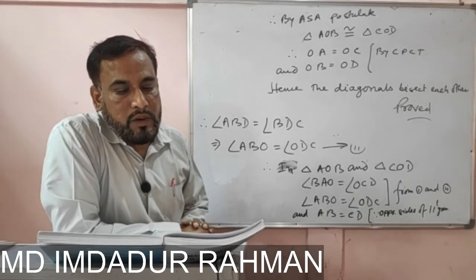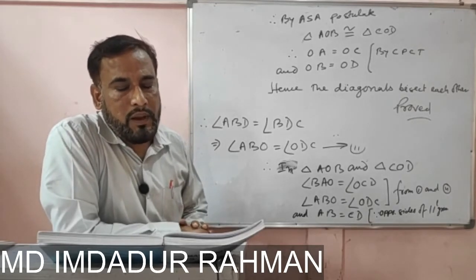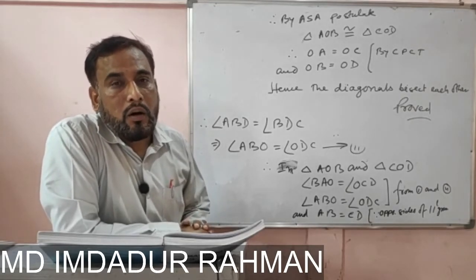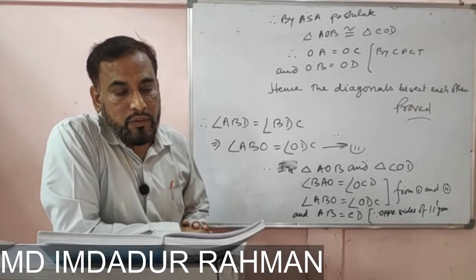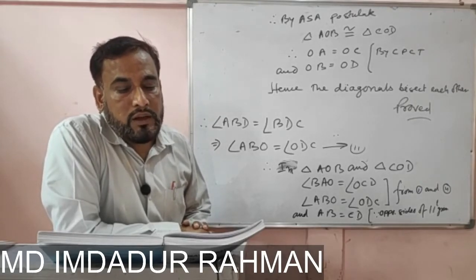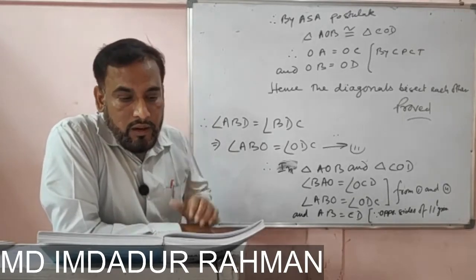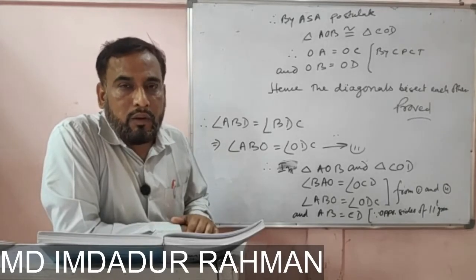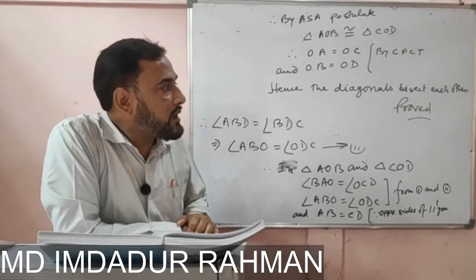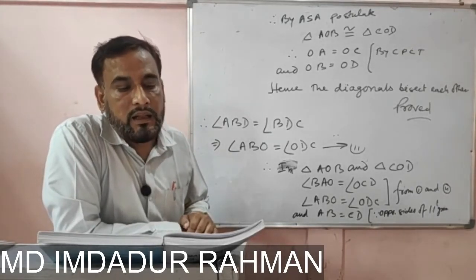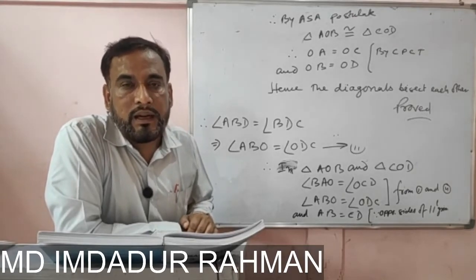Now we will proceed to theorem 8.7. What is theorem 8.7? On the same page, 164: if the diagonals of a quadrilateral bisect each other, then it is a parallelogram. We have to prove that in a quadrilateral, if the diagonals bisect each other, then it is a parallelogram.